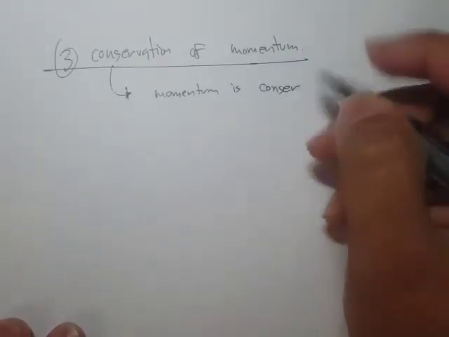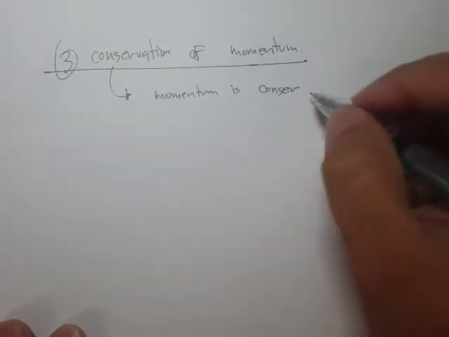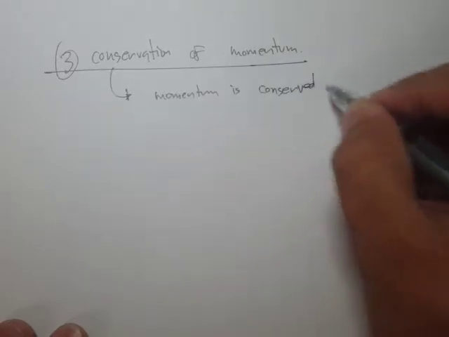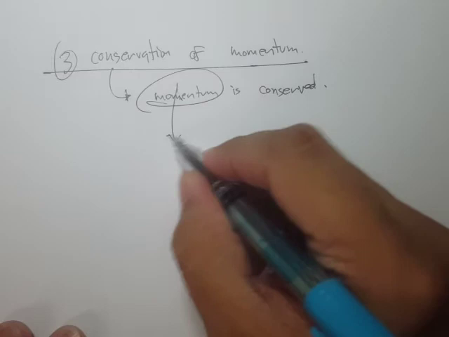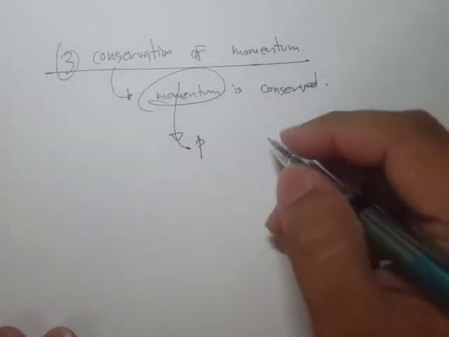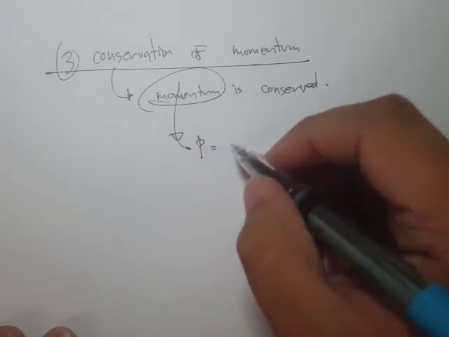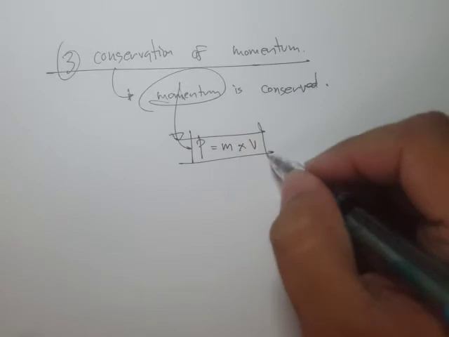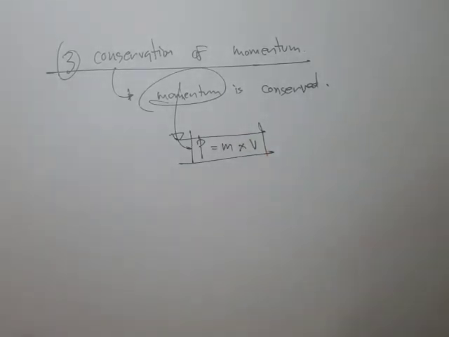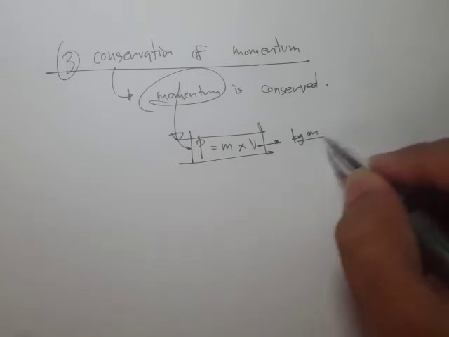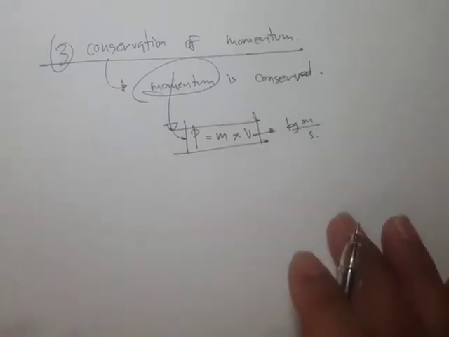So that means that the momentum before is just equal to the momentum after. Okay, so let's review what is momentum. Momentum in the course of dynamics, recall that it's just simply the mass times the velocity, right? That's the definition of the momentum, and the unit of this is kilogram meters per second.